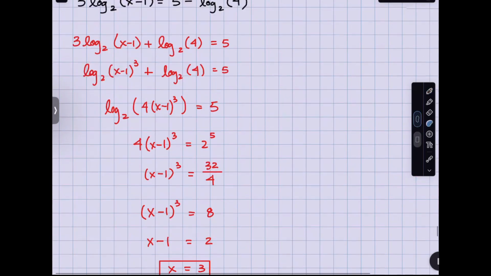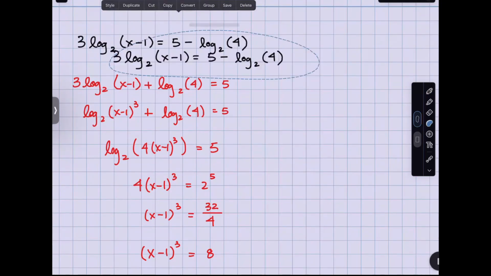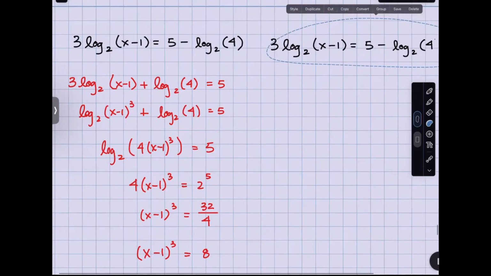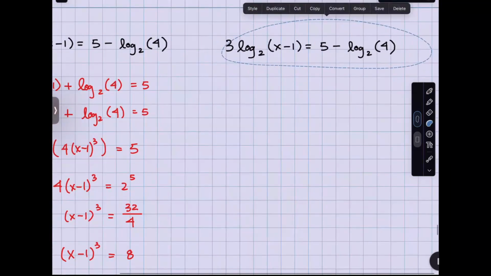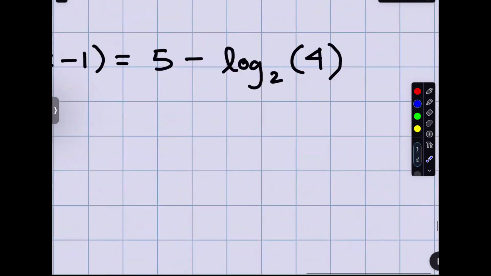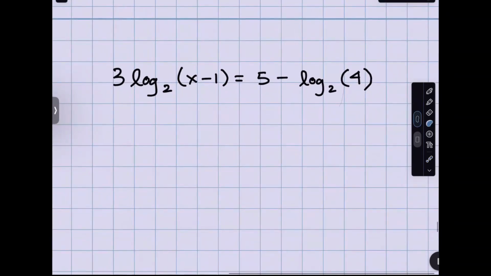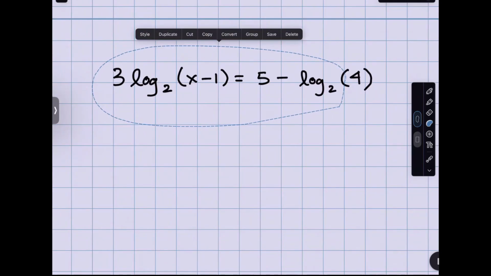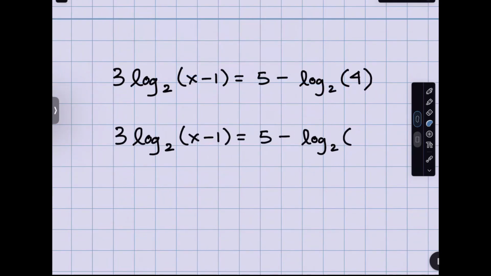So what's another way? Well, another way is this. What they noticed was that this base is a 2, and they can write 4 as a base of 2 as well. So I'll make this one blue. What they did was say this is 2 squared.